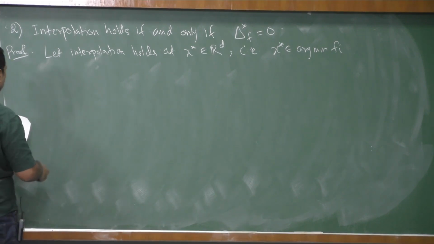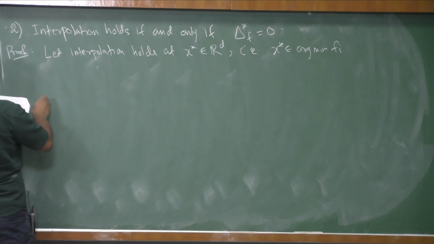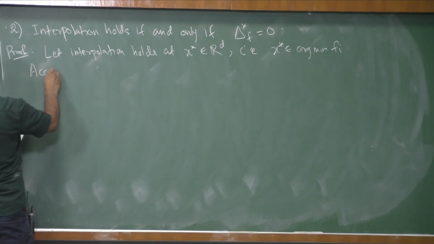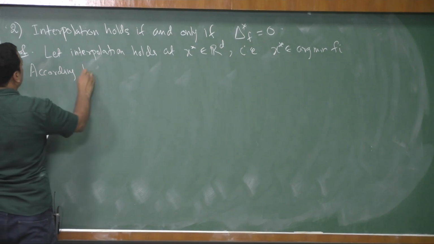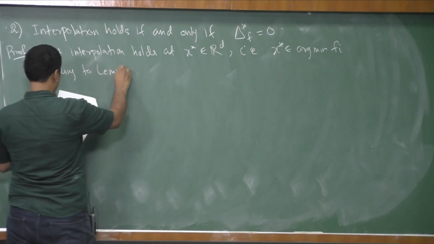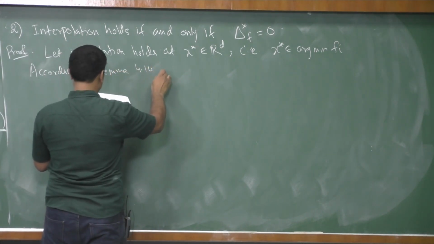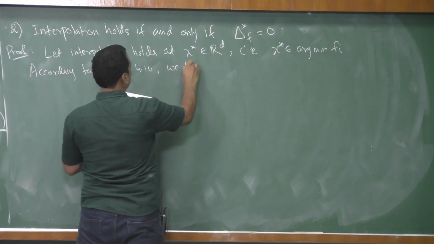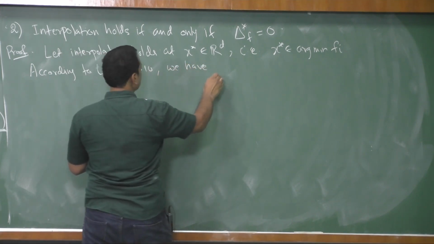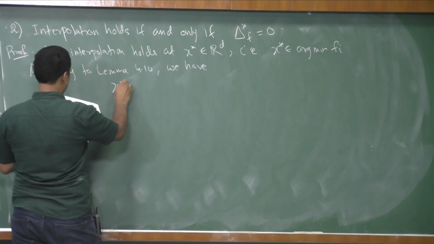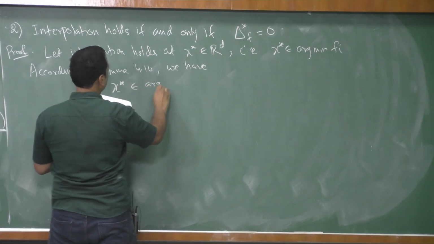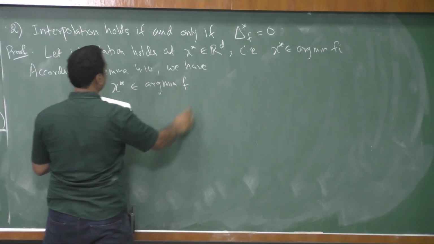Okay, so that's the initial lemma that we showed. So according to lemma 4.10, we have x star is in argmin of f.